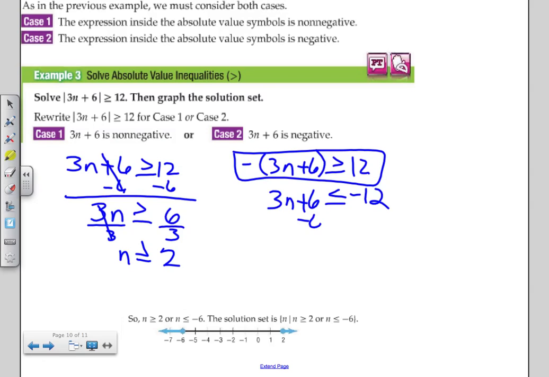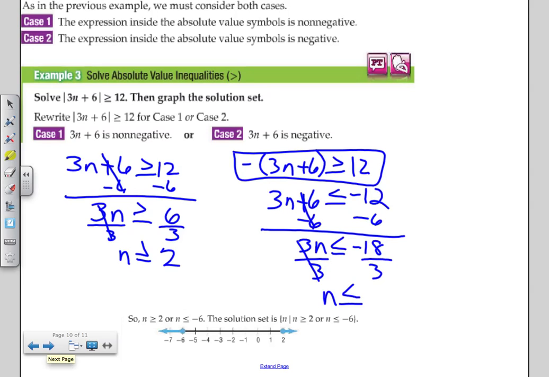So now we're going to subtract 6 on both sides, and we get 3n, and you have to flip the sign, of course, is less than or equal to negative 18. We're going to divide by 3 on both sides, and we find that n is less than or equal to negative 15.